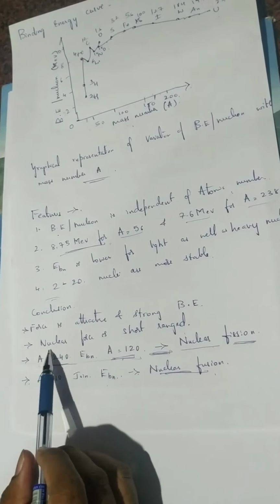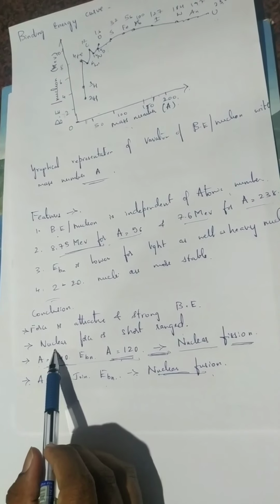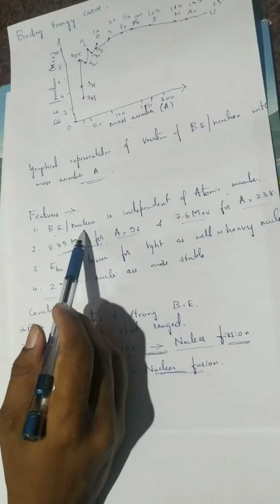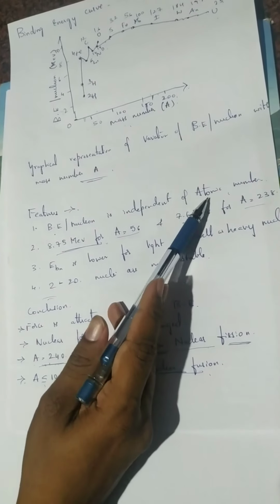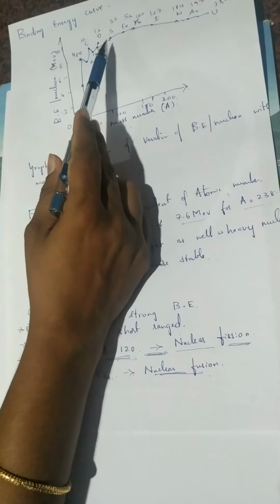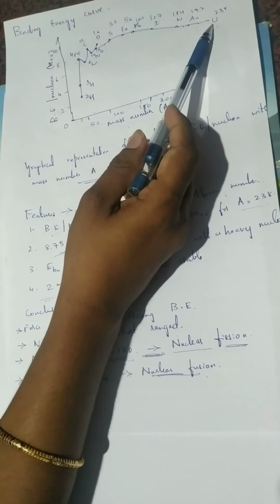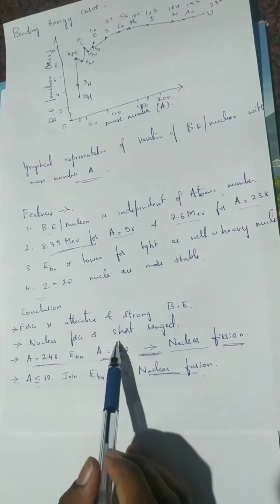Next, the nuclear force is short-ranged. How can we say? We have seen that binding energy per nucleon is independent of atomic number. That is, it is constant up to some point, from here to here. This shows that nuclear forces are short-ranged.